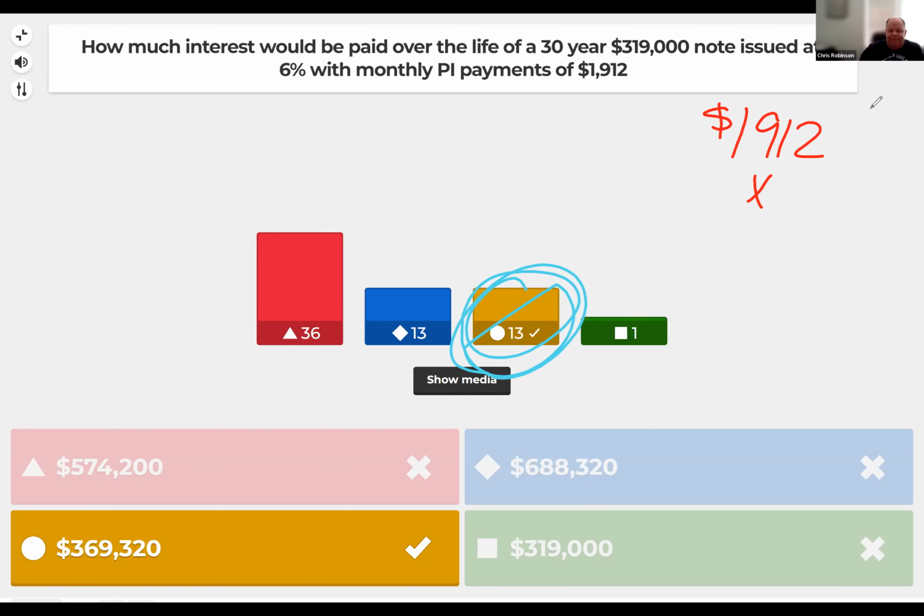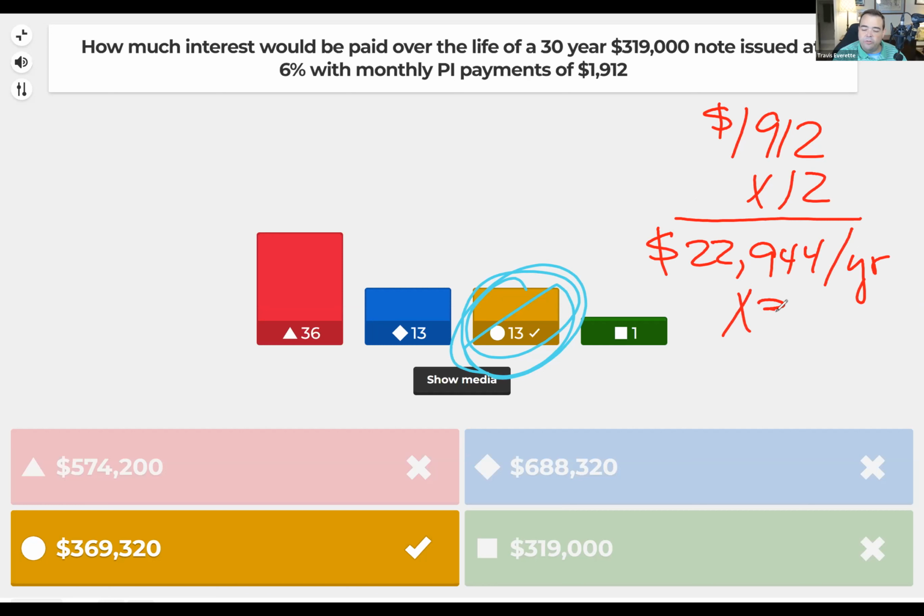Well, 12, last I checked, correct? So if we do 1912 times 12, that means we're paying $22,944 per year. Times how many years? 30 years.